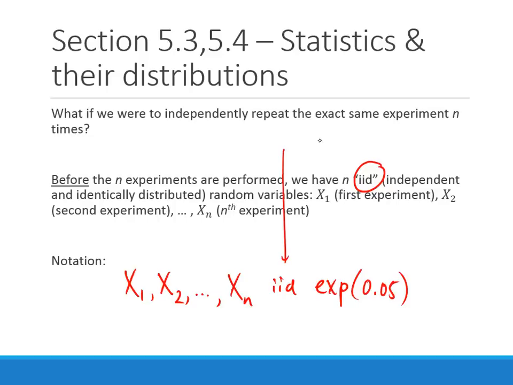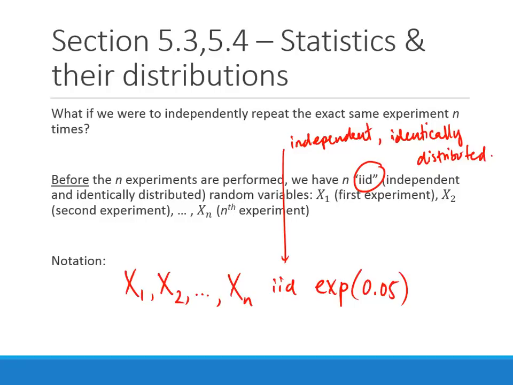So again, IID means independent and identically distributed. Independent as in the random variables are all independent of each other, and identically distributed, they have the same distribution.